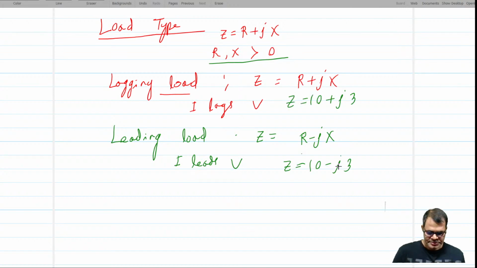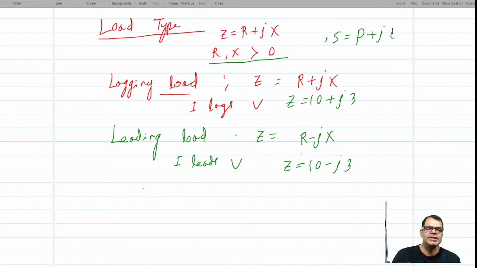Let us move to some topics, because we described the basics in the last class. I forgot to discuss this further, but I covered the power topics. Anyway, how do we identify a lagging load from the complex power? For a lagging load, your complex power S equals P plus jQ, where both P and Q are greater than 0.